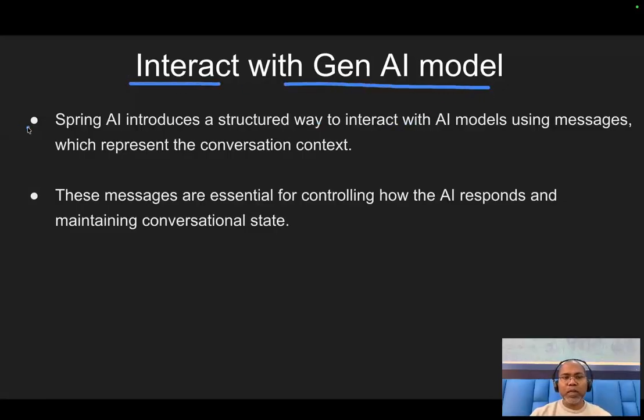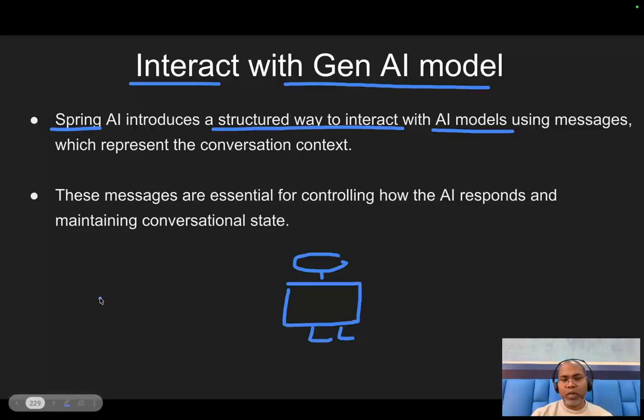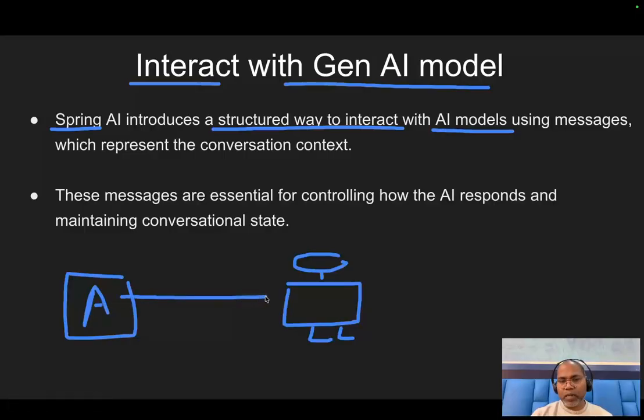Spring AI introduces a structured way to interact with the AI model using messages. So whatever Gen AI chat model we have, your Spring Boot application or any application you are building interacts with the Gen AI model with the help of messages.